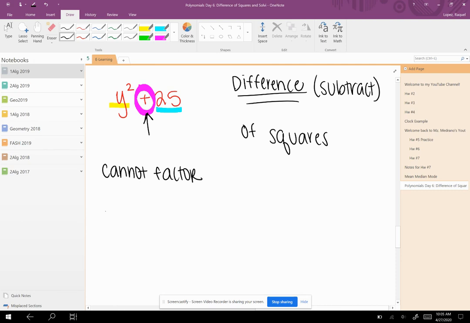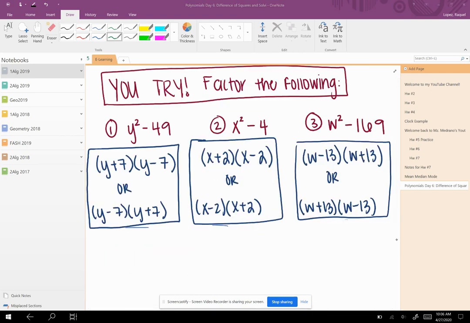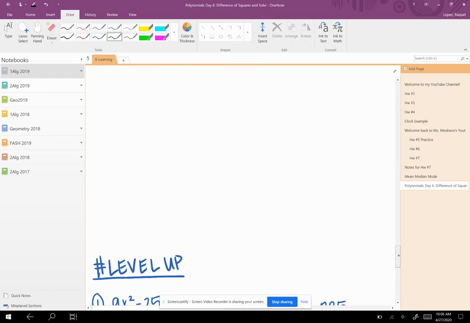Other examples of this might be x squared plus 16, or x squared plus 225, or x squared plus 81, right? You might see things like that, but all of these you cannot factor. Those are not factorable.